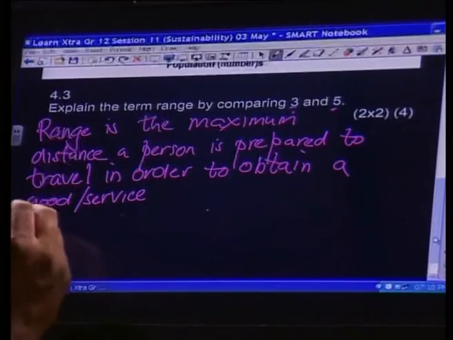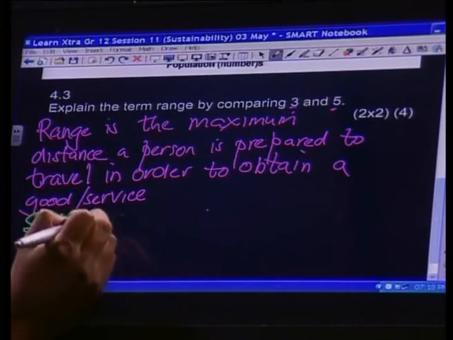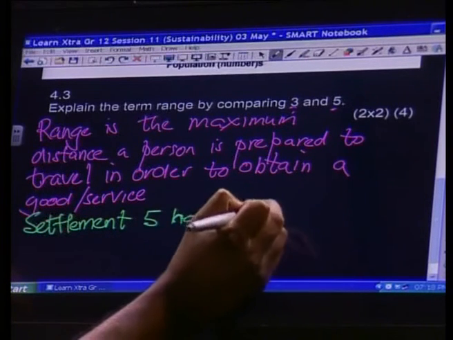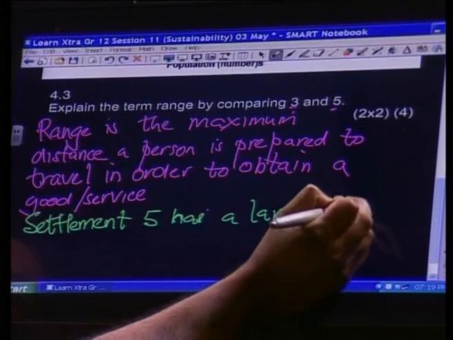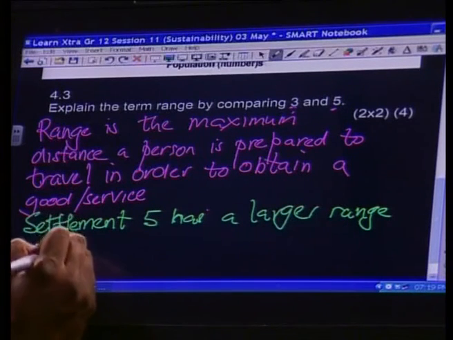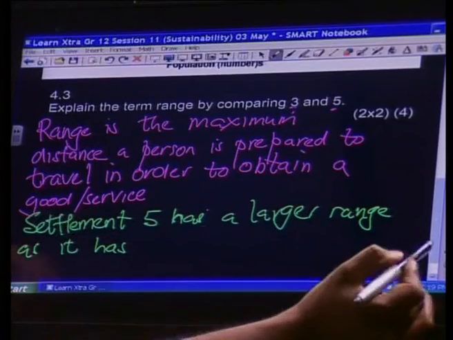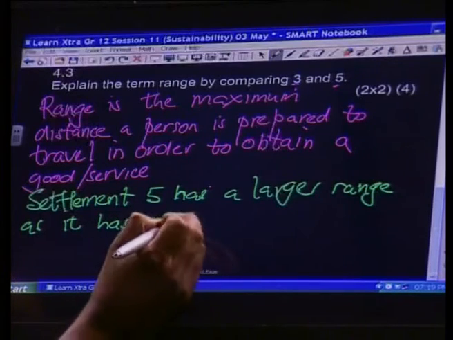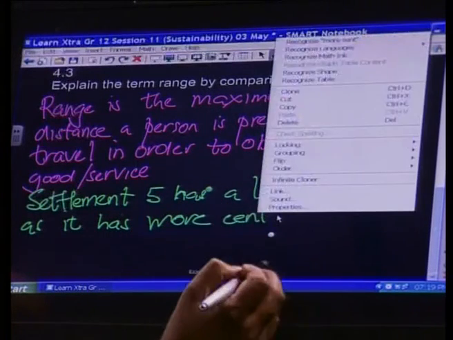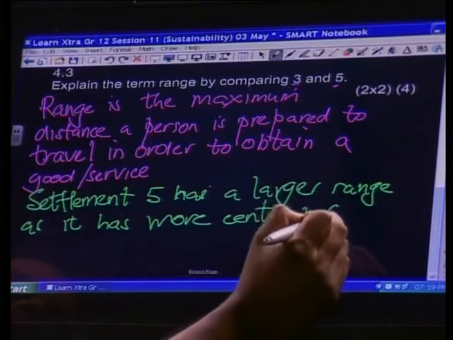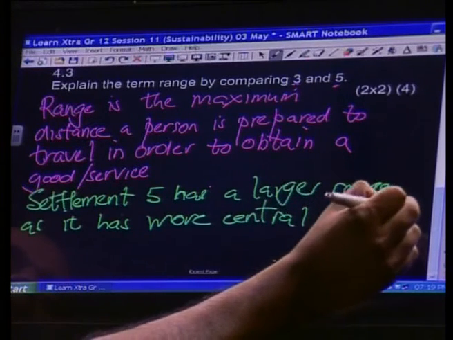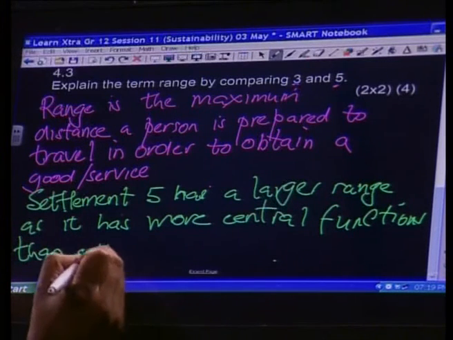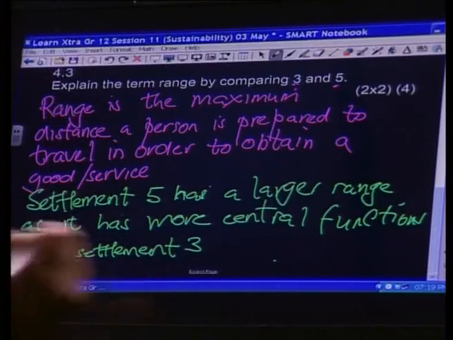Therefore, to complete our answer, settlement 5 has a larger range as it has, and remember, central functions, more central functions than settlement 3.